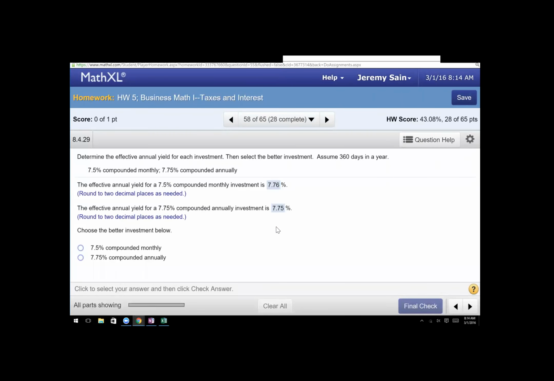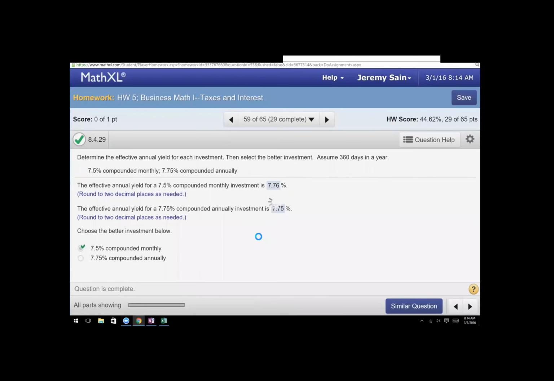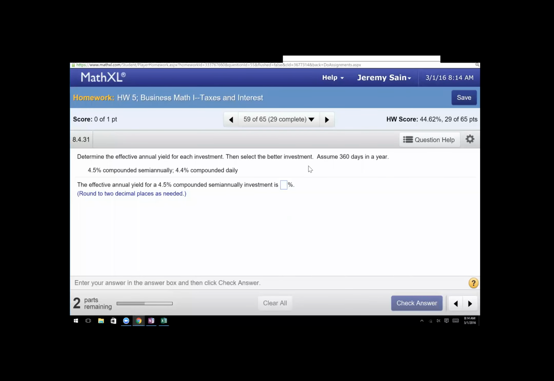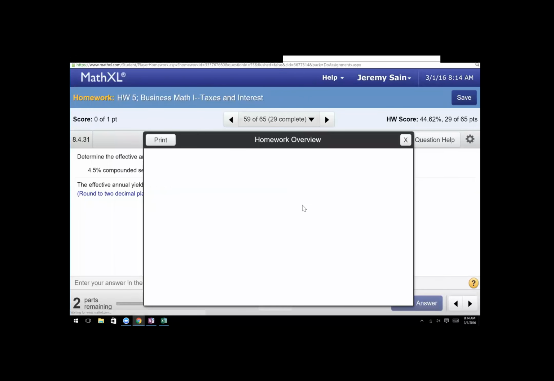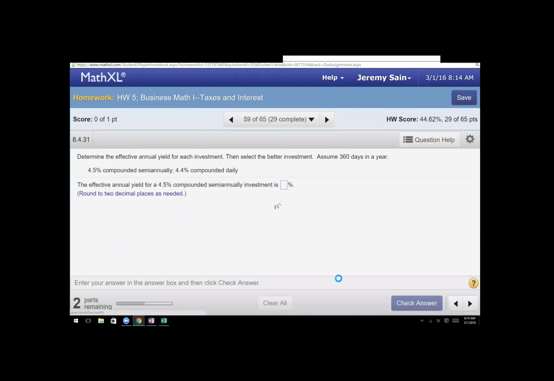So which one is better? Yeah, the 7.5% monthly is a little bit better. Okay, that's more of the same thing. I don't think we've gotten to the credit card stuff yet.